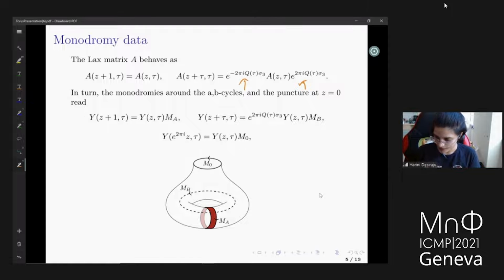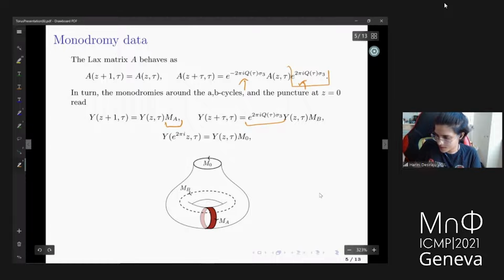When I have monodromy matrices, the A cycle monodromy is going to be just M_A, but the B cycle monodromy will come with the same factor as above. So these two are the same factors. The fact that the B cycle monodromy comes with this extra factor in front is because the Lax matrix is multivalued.